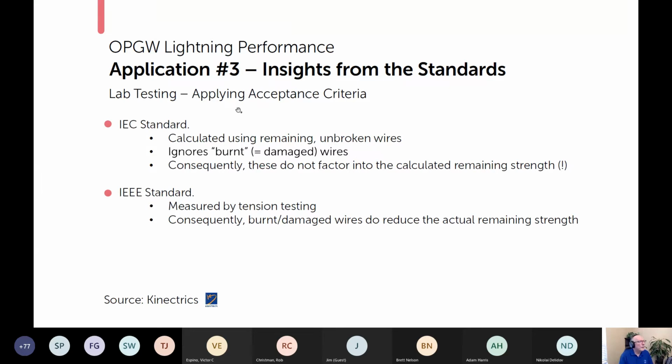And then you apply your acceptance criteria. So in the IEC standard, it's a calculation, and I've already said you ignore burnt wires that are damaged. And so as a consequence, those wires are not factoring into that calculated remaining strength. And I think that's important to at least be aware of. In the IEEE standard, you're measuring the remaining strength by tension testing, and consequently those burnt or damaged wires do reduce what the actual remaining strength is.